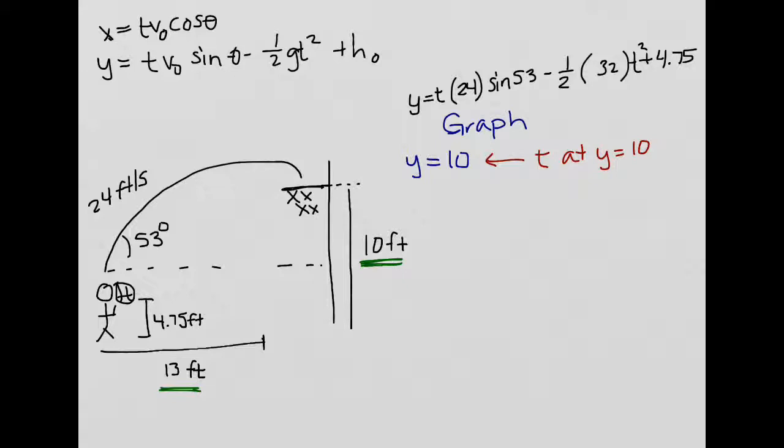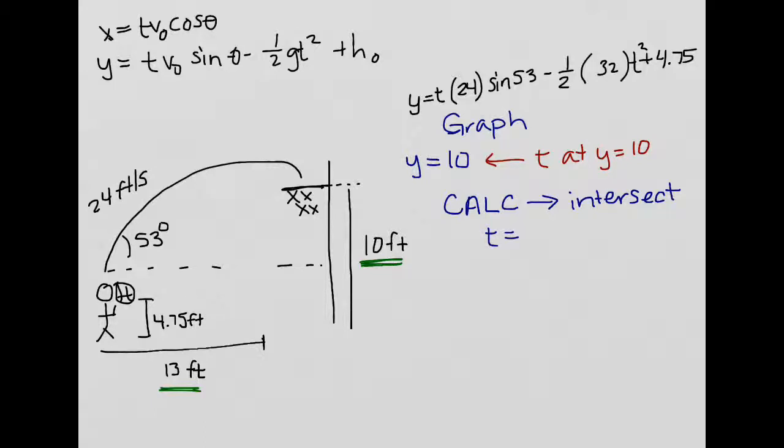So graph the two equations. Graph y equals 10 and graph y equals t times 24 times sine 53 minus 1/2 of 32 times t squared plus 4.75. Okay. And then use the calc function on your calculator after you've graphed them both, and do calc, and then go to intersect to see where it intersects at 10, and then write down your t, right?